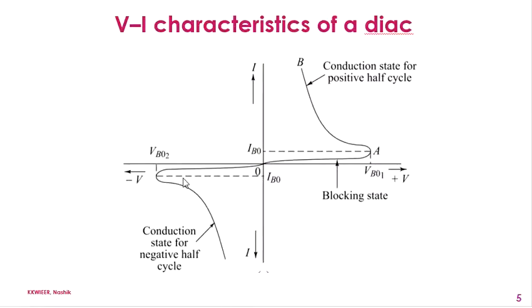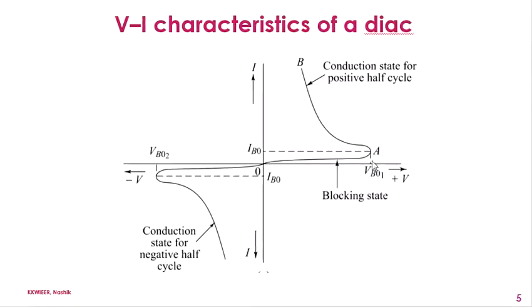So in negative half cycle, till the breakover voltage, the negative value of VBO2, the current value will remain very low. After the breakover voltage, the device will start to conduct in reverse direction. So this represents the conduction state for negative half cycle.